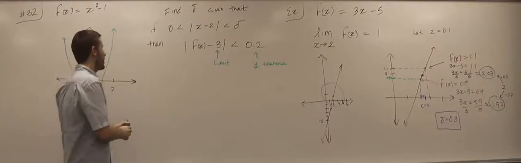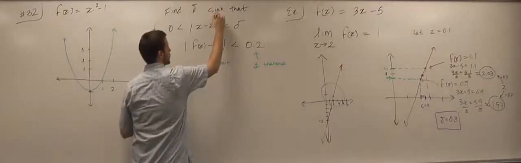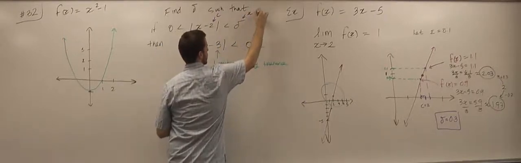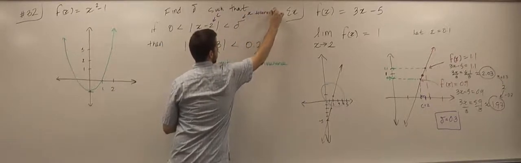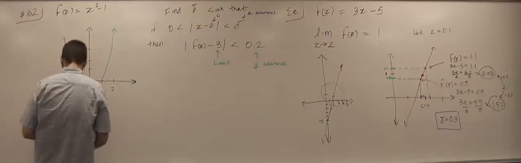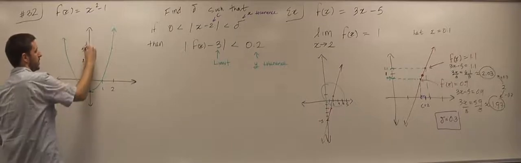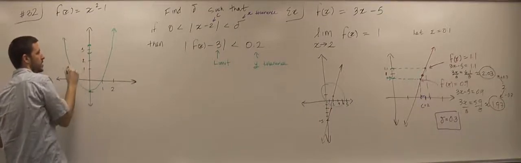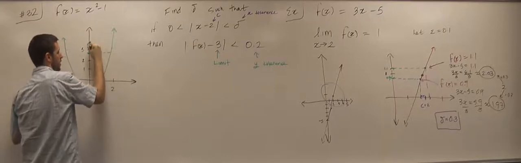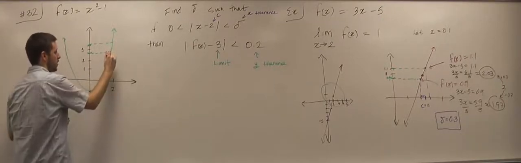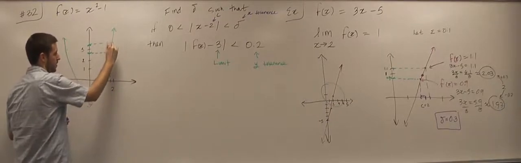This is your c value up here, this is what your x's are approaching, and this is your x value tolerance. So on my graph, I'm going to have a tolerance of 0.2, so I can go 0.2 in either direction. And then I need to figure out what that corresponds to down here.